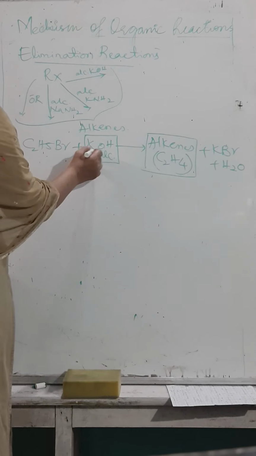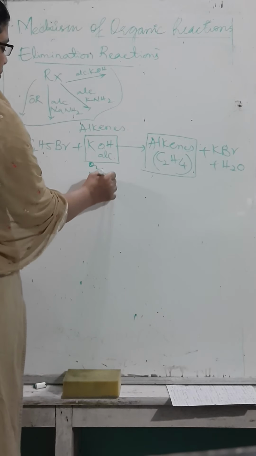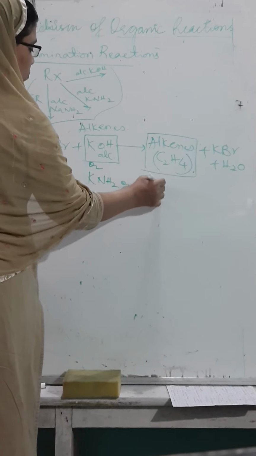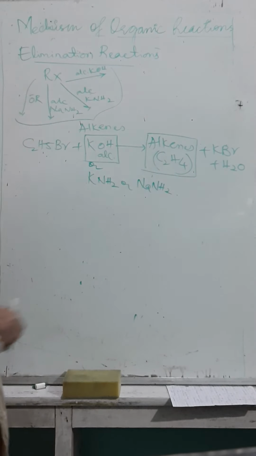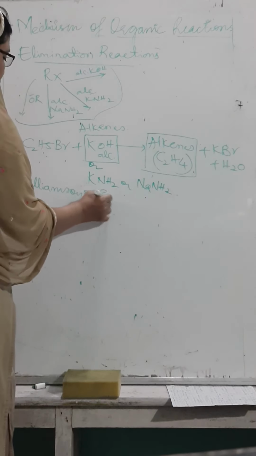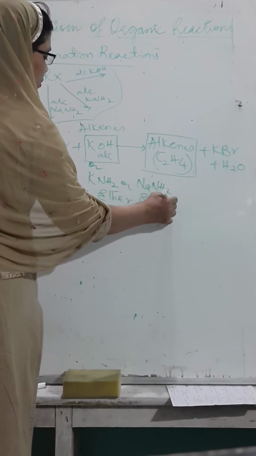In the same way, instead of alcoholic potash, we can use potassamide, or sodamide, NaNH2. Another is alkoxide. For this we need to consider Williamson's reaction, actually called Williamson's ether synthesis.